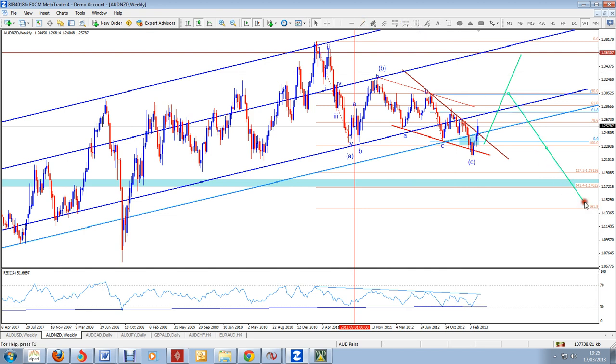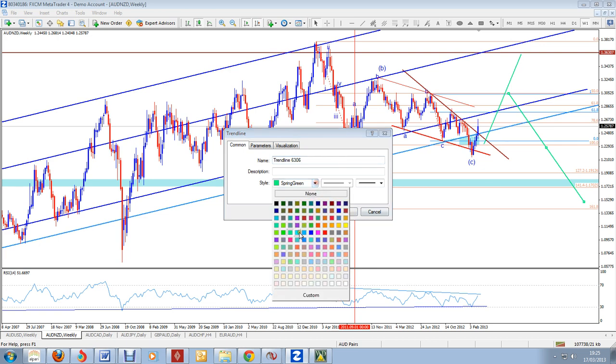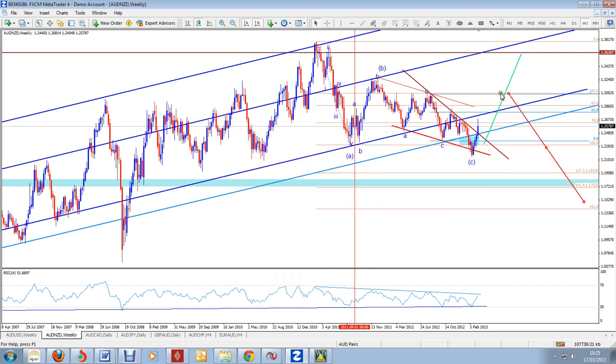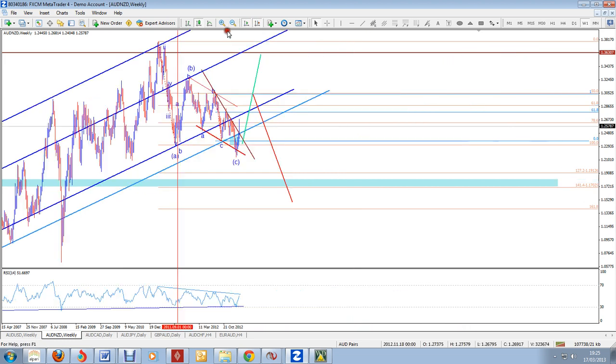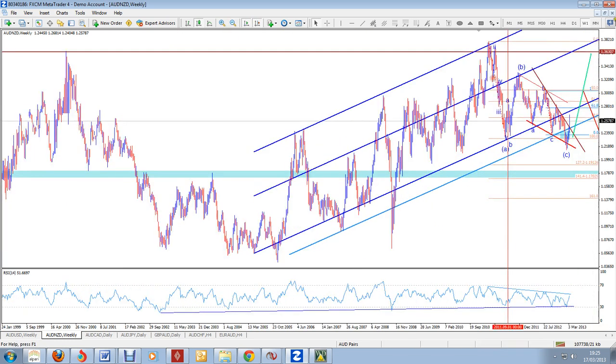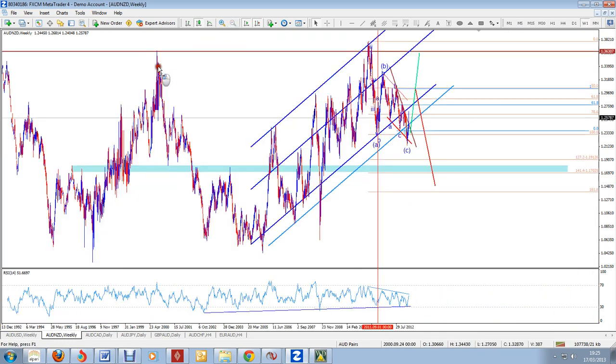But as I say, the Aussie New Zealand pair, the actual price action is very, you can see over here, very unpredictable. It's almost like this.